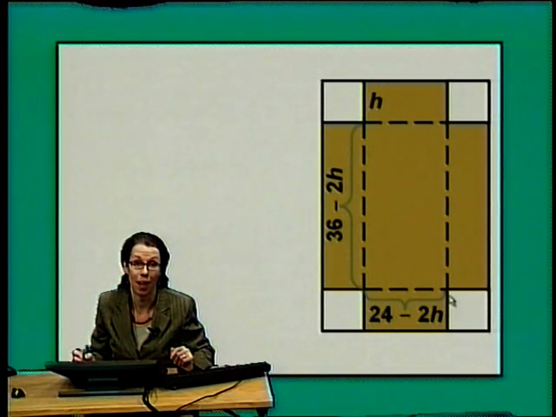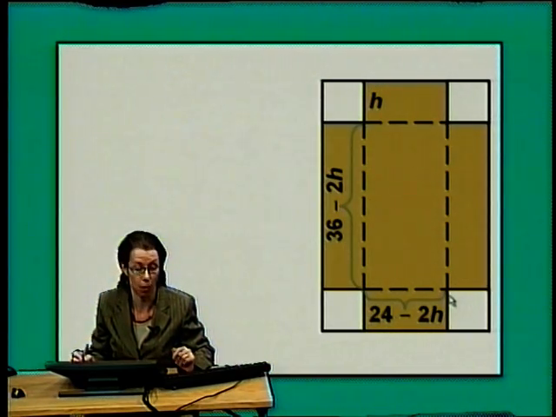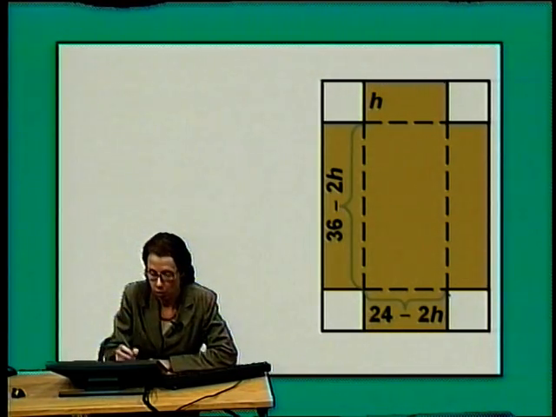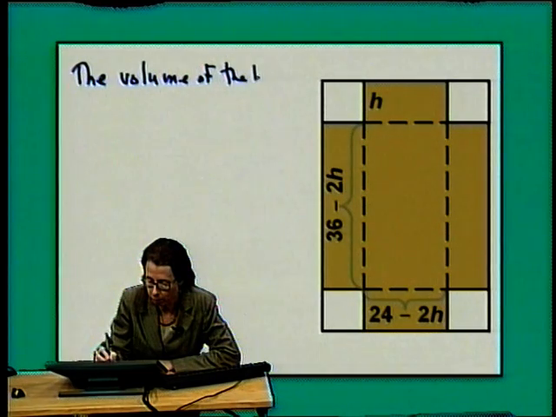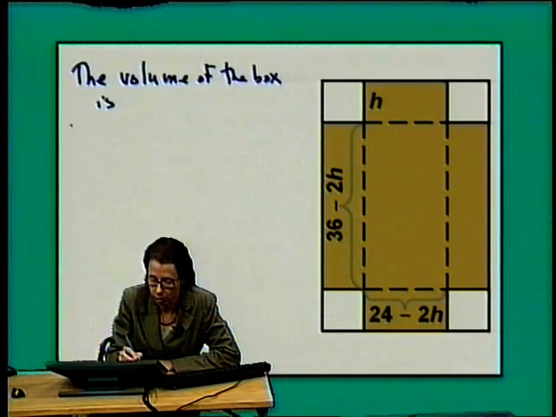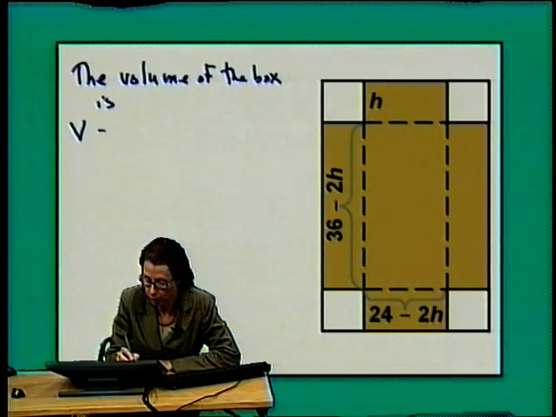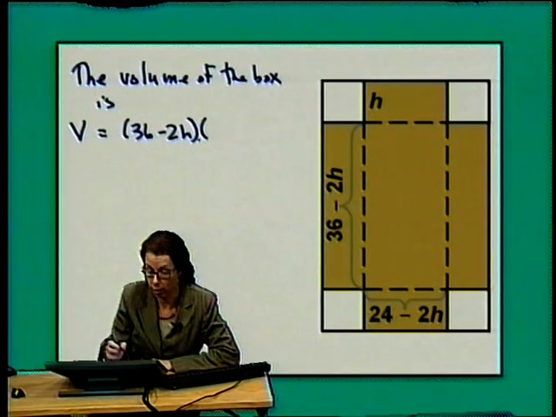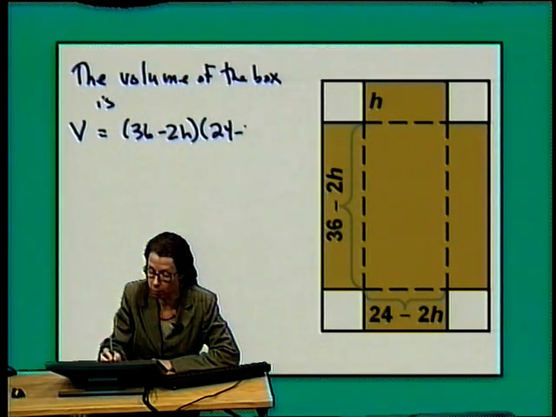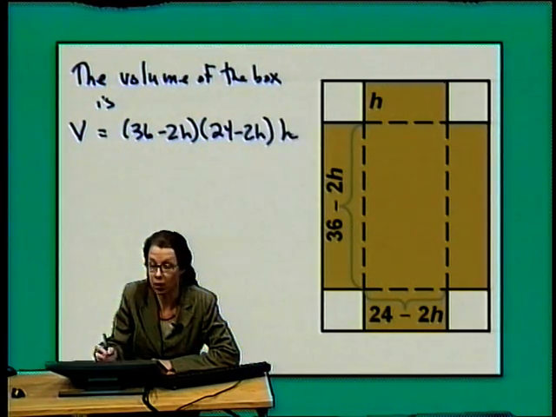Now we're ready to find an algebraic expression for the volume of this box. So the volume of the box, let's just write V for volume, is going to be the length, which is 36 minus 2h, times the width, which is 24 minus 2h, times the height.